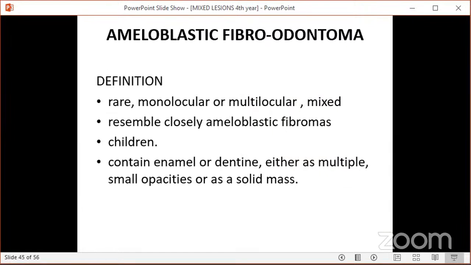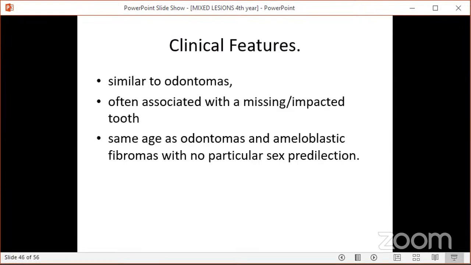Then we come to ameloblastic fibroadenoma. This one is rare and mostly monolocular, though we can also find some that are multilocular. It's a mixed lesion that resembles closely the ameloblastic fibromas. We find it in children, and it will either contain enamel or dentine, either as multiple small opacities or just a solid, amorphous mass within the lesion.